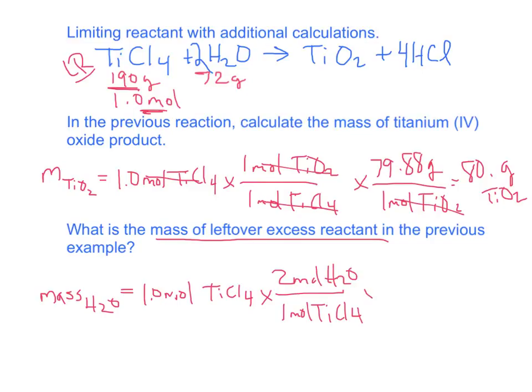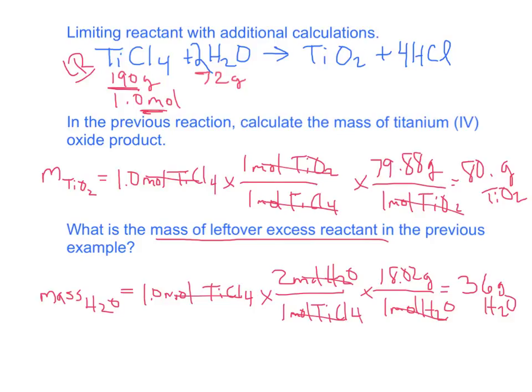And now we're going to find the mass while we're doing it. So for a mole of water, it's 18.02 grams of water. And the moles divide out there. So we come out in grams of water. It should be 36 grams of water.